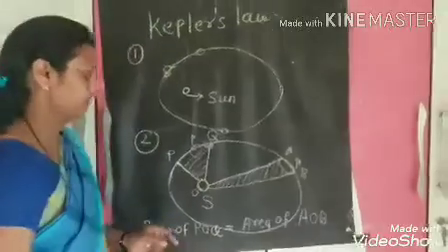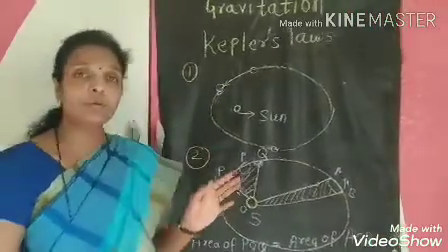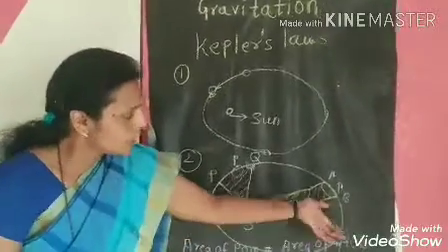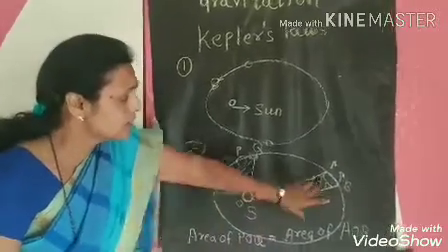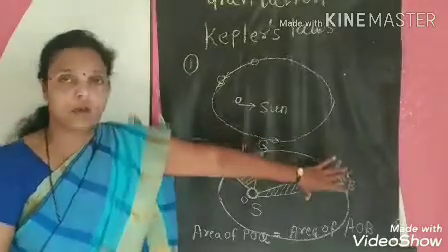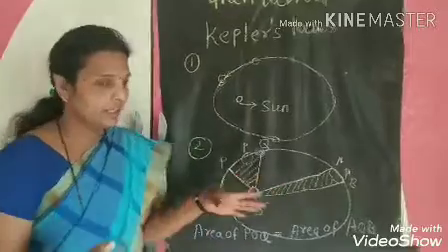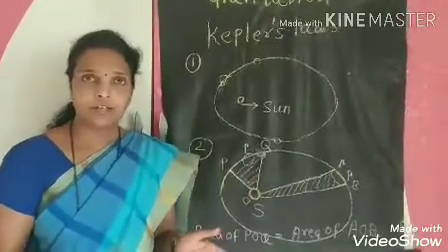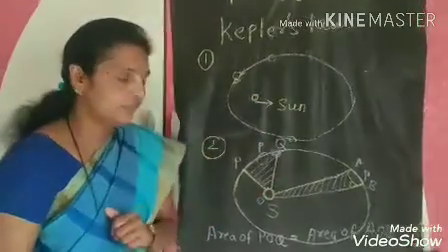From this, Kepler put forth the second law: the line joining the planet to the sun sweeps equal area in equal intervals of time. Here the first and second laws we finish.